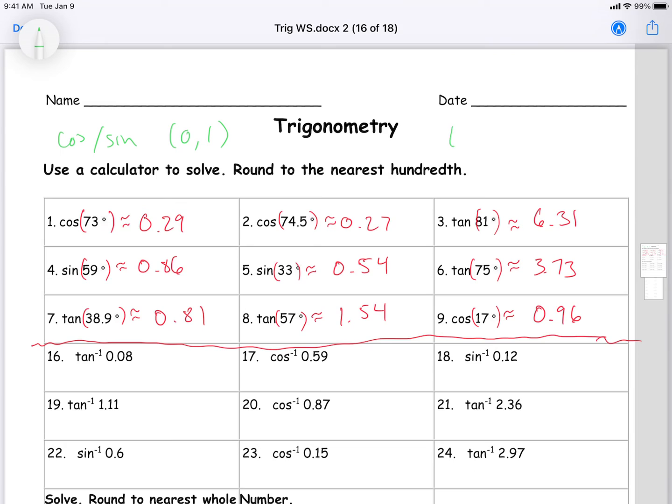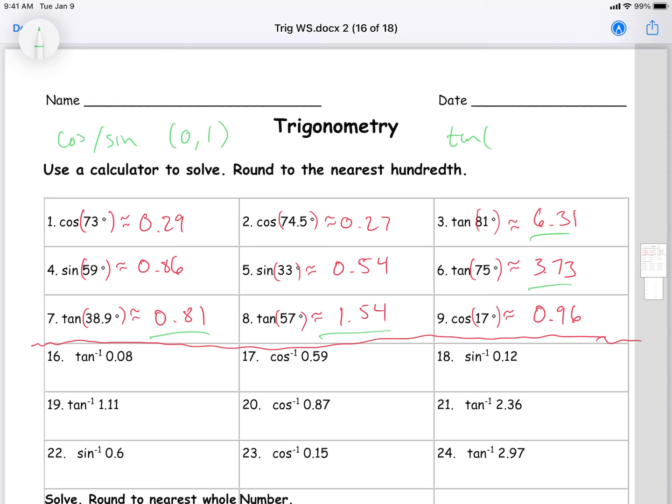But what about tangent? Tangent can be anything. If we notice, it's the only one that's greater than 1. There is one part where it's less than 1, but that means it can be pretty much anything, right? Okay? That's one of the things that I want you to notice.